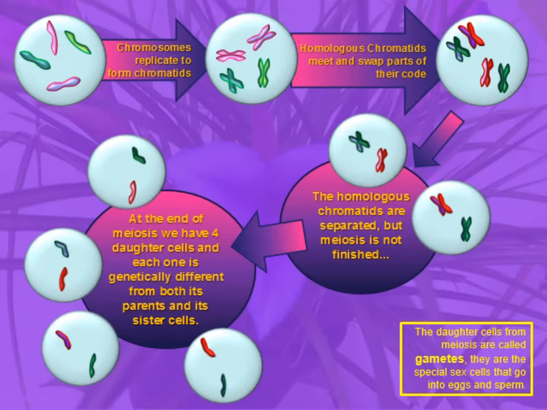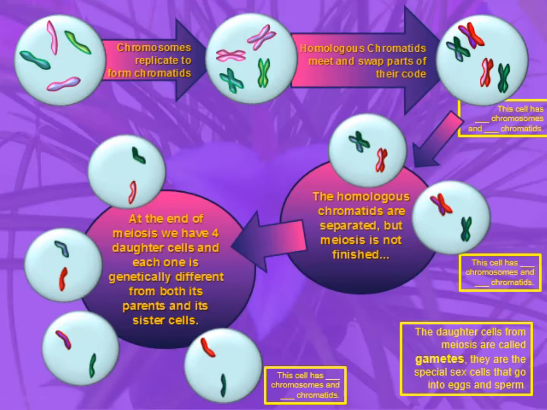Pop quiz: how many chromosomes and chromatids are in each of the stages of meiosis? So if we look at the first stage in the top left, you make a quick guess and we will reveal that this cell has 46 chromosomes and 92 chromatids. And then the next one we see has 23 chromosomes and 46 chromatids.